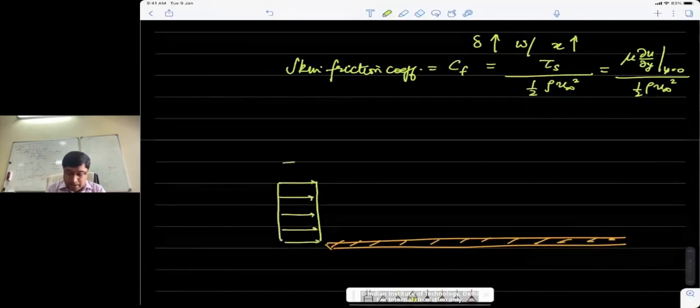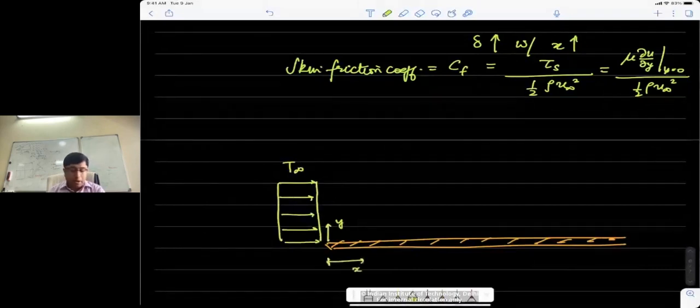So this is T infinity, and the coordinate system will remain the same, still x and y measured in a certain way. And now what you would see is the development of a thermal boundary layer. Or before I say this, let's say the surface is at some temperature Ts, which is not the same as T infinity.